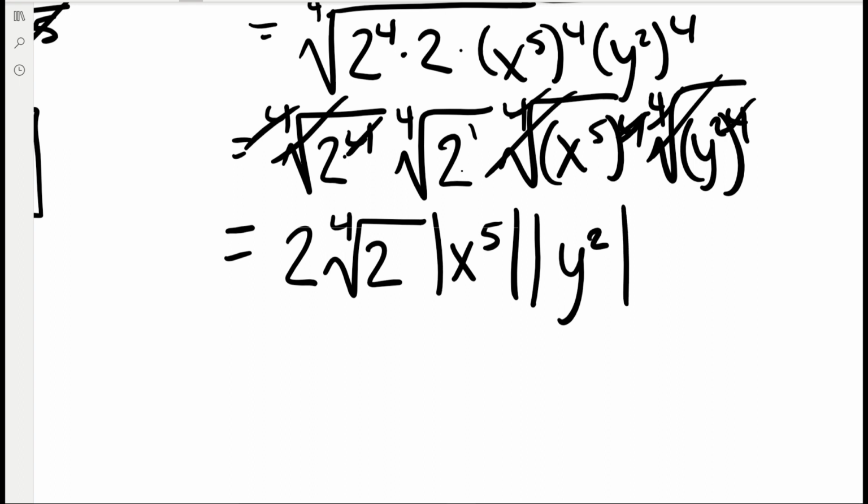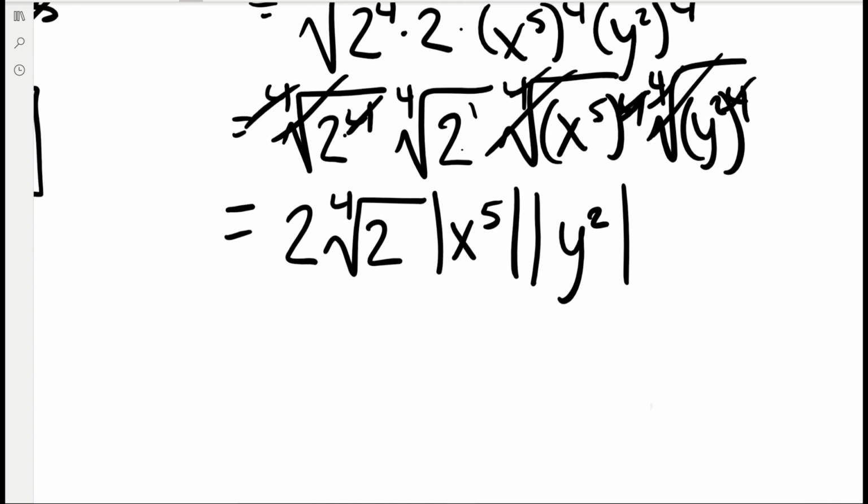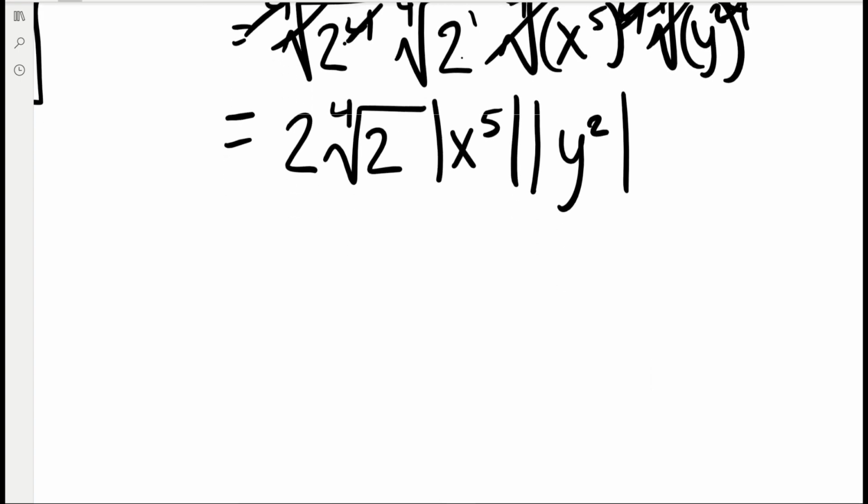Now technically it doesn't matter if you include the absolute value for the y squared, because y squared is always going to be positive. However, I'm just going to leave it like that, just to be consistent. And throughout these problems, I'm going to always leave it on there, even though technically you do not need the absolute value for the y squared, because it's always going to be positive, so it doesn't really matter.